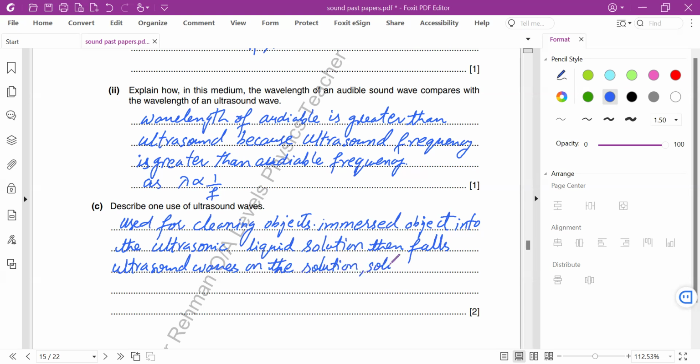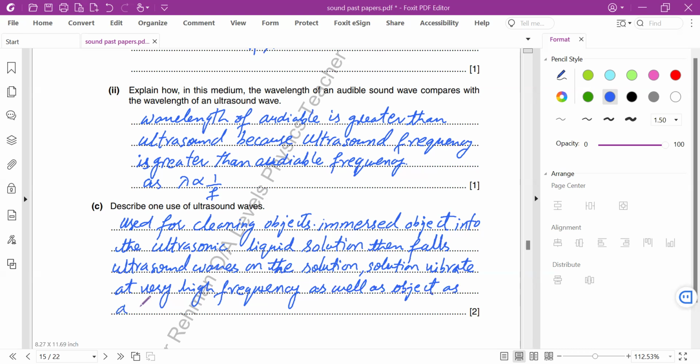The solution vibrates at very high frequency, as well as the object.